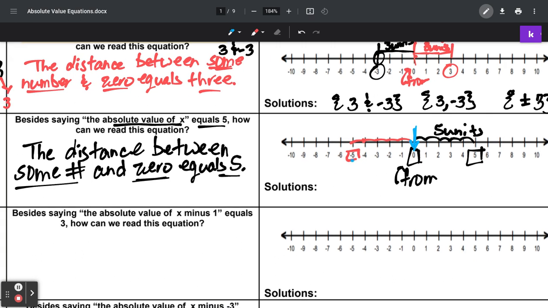So the distance between -5 and 0 equals 5. And the distance between 5 and 0 also equals 5 units. Okay? All right, so my two answers are 5 and -5. Or you can write it like so. Okay?